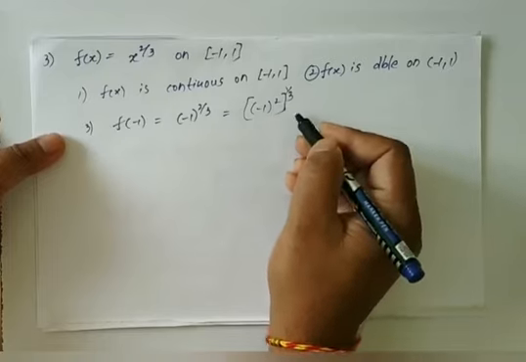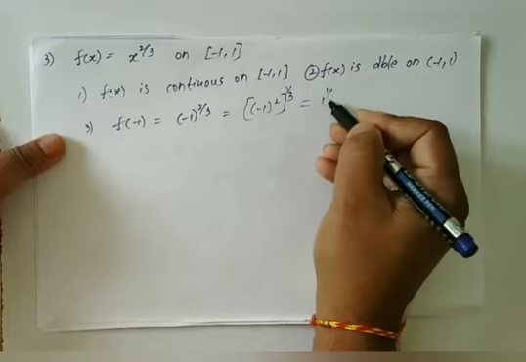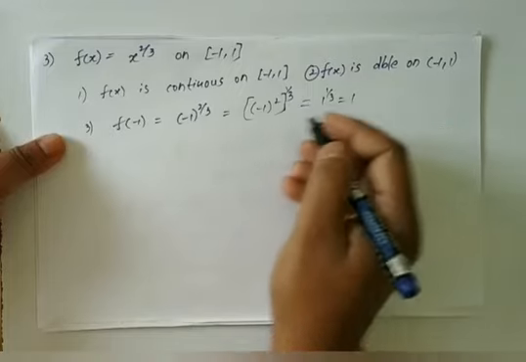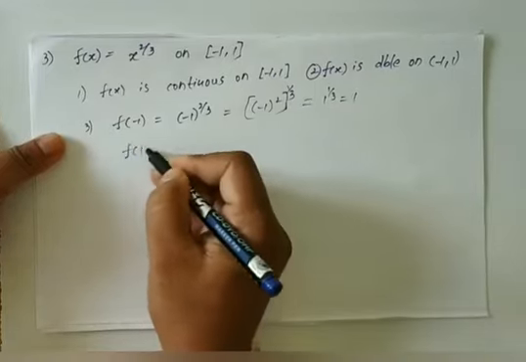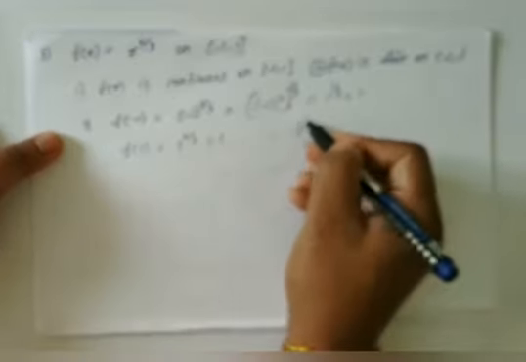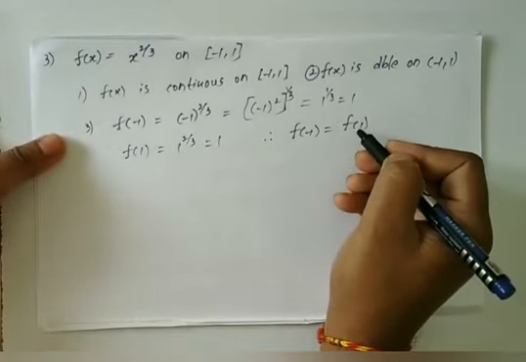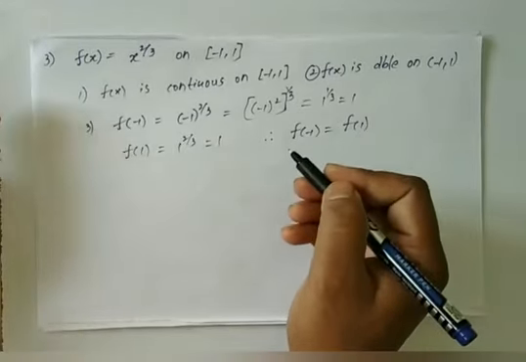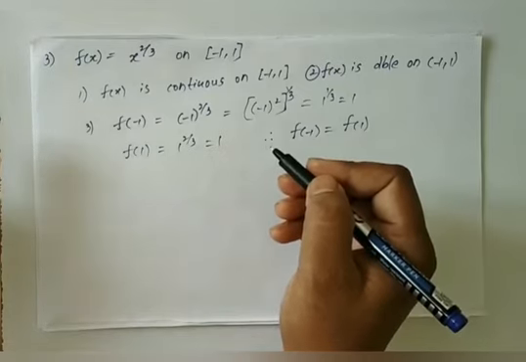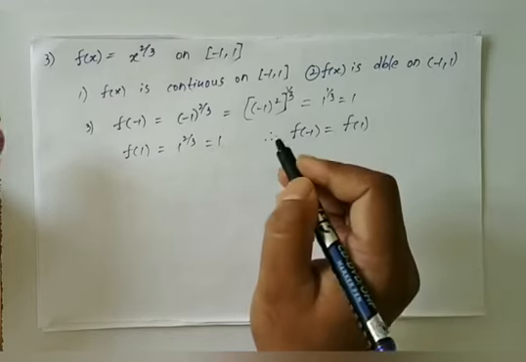Minus 1 whole square is nothing but 1, and 1 power 1 by 3 is nothing but 1. Next, f of 1 is 1 power 2 by 3, which is 1. Therefore f of minus 1 is equal to f of 1. Therefore f of x satisfies all these three conditions, so we can say that Rolle's theorem is applicable.